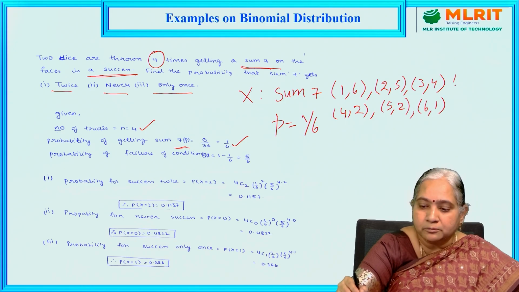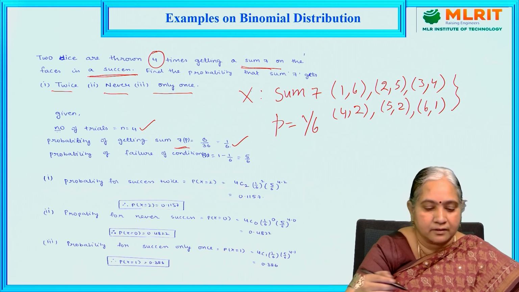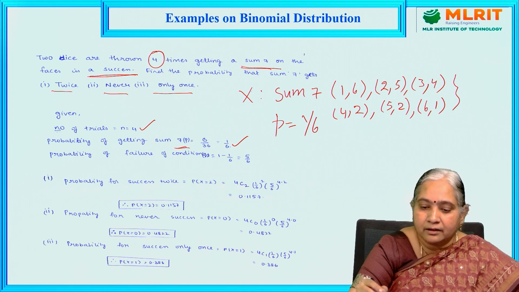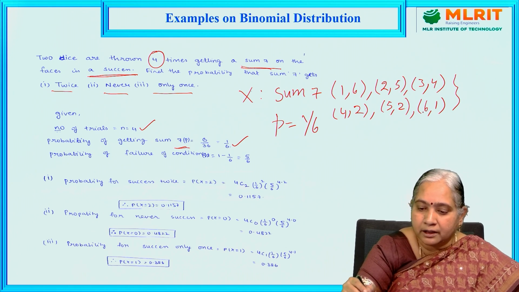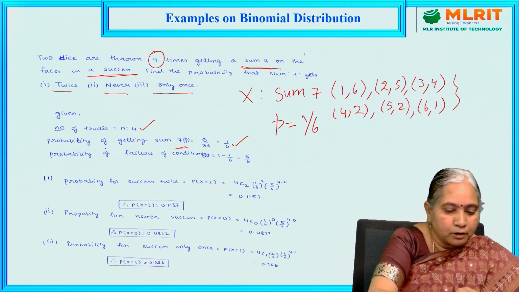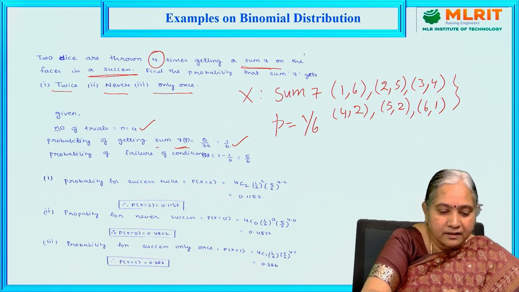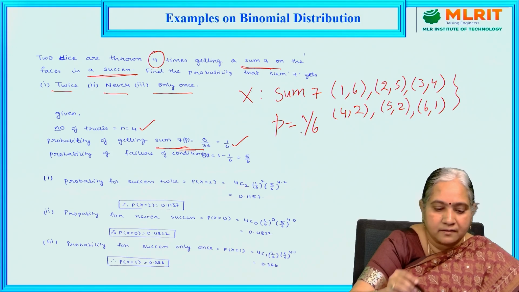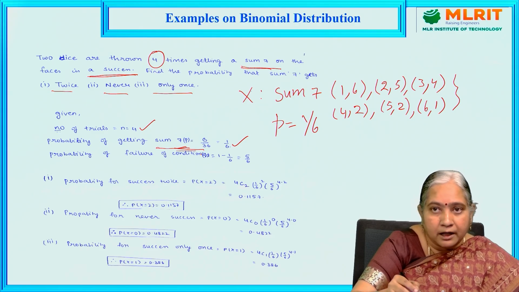These are the possible ways to get the sum 7. So that's why the total possible cases are 6 out of 36, and the probability of a success event is 6 by 36. 6 by 36 we can write as 1 by 6. So the probability of success is denoted by small letter p.